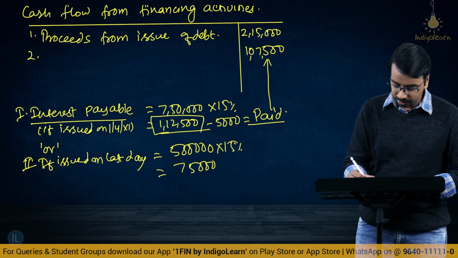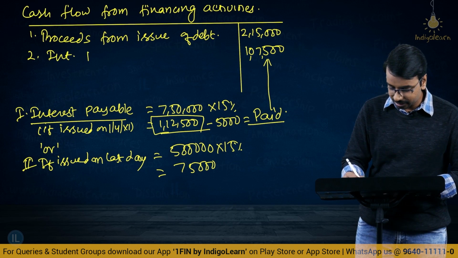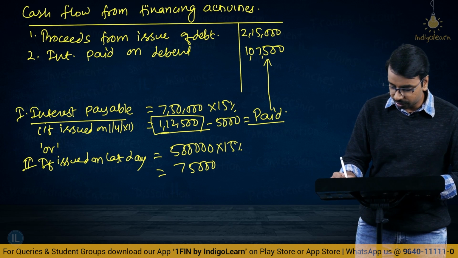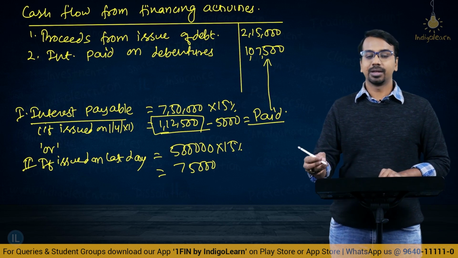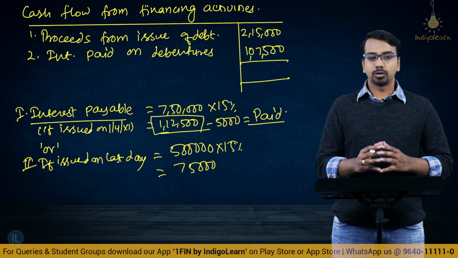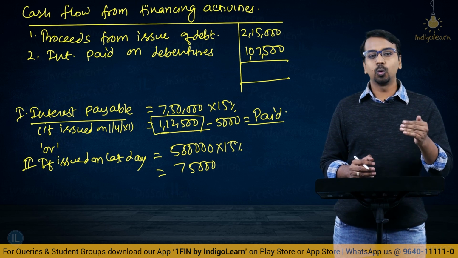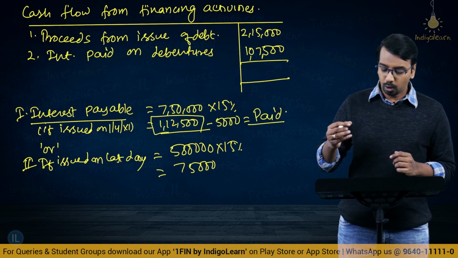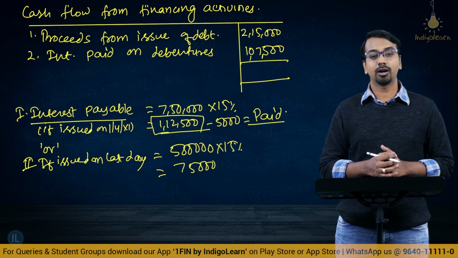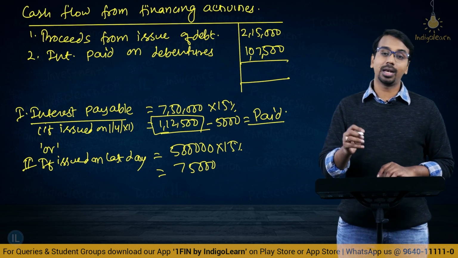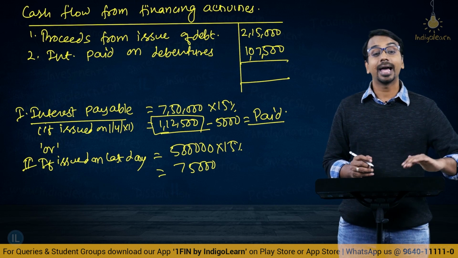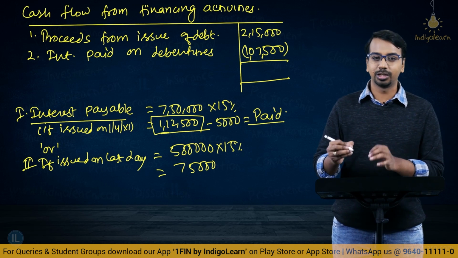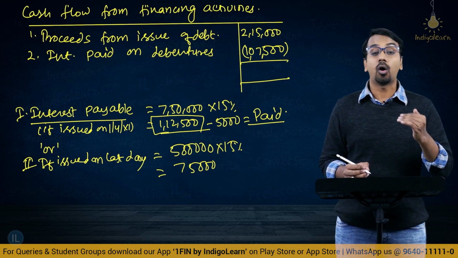So the second item here is interest paid on debentures, 1,07,500. So now you collected 2,15,000 by issuing debentures. On that you have paid 1,07,500 of interest. Mind you friends, this 1,07,500 is a cash outflow. You will denote it within the brackets to indicate that it is an outflow.